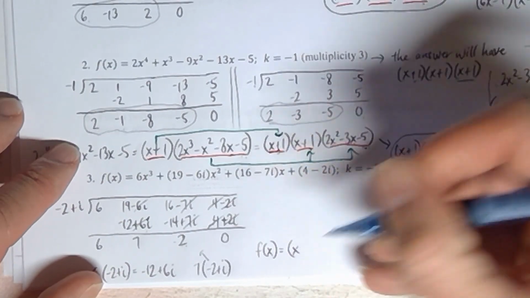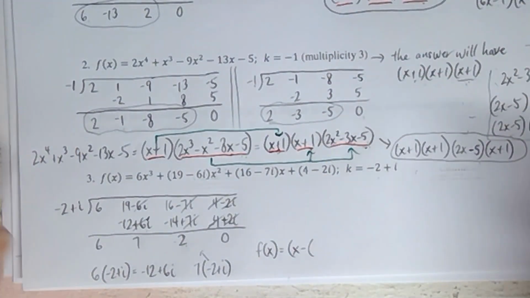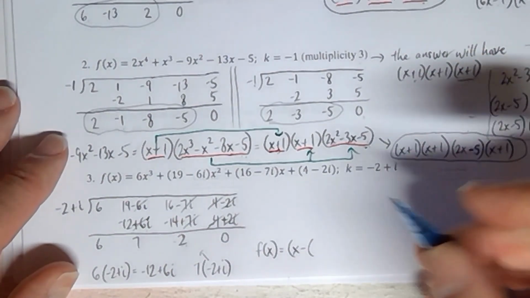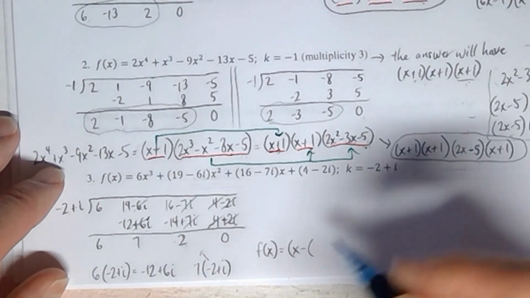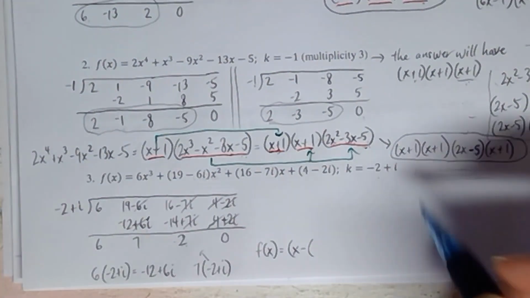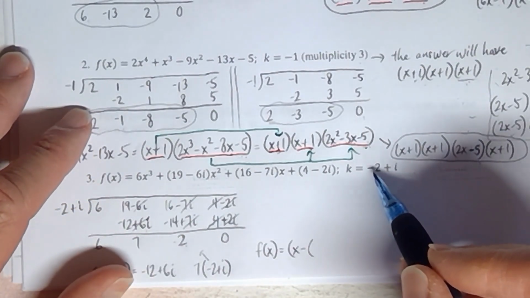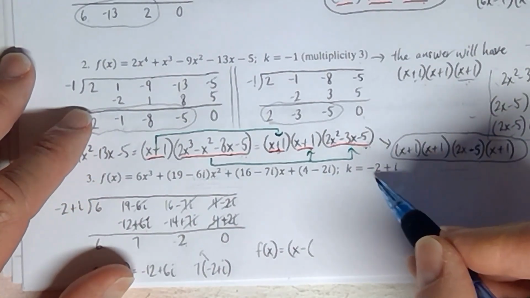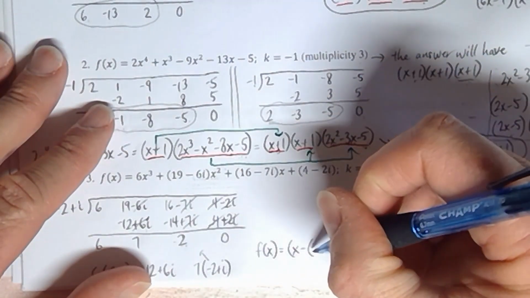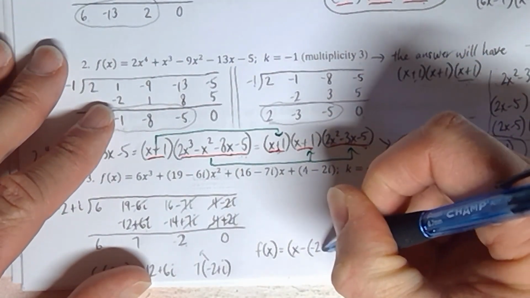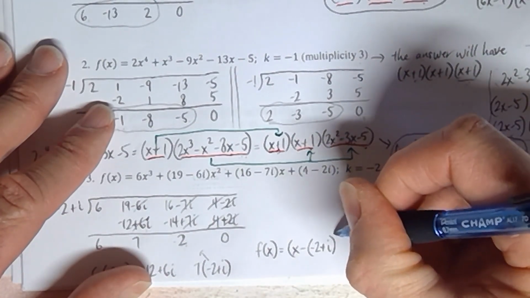Remember, officially, the way you're supposed to write this thing out is you're supposed to say x minus k. It's just that a lot of times when you have a negative k, you change it to plus. But because we have 2 terms here, that's a totally different story. You got to be careful here. So we got to go back to the minus thing, and we got to say minus with the bracket there.